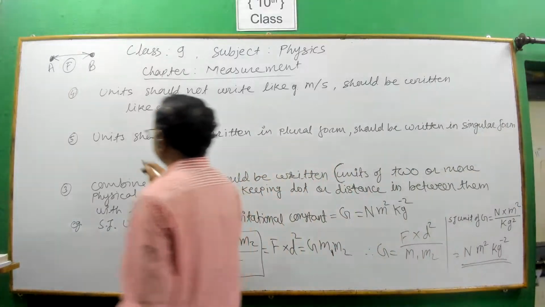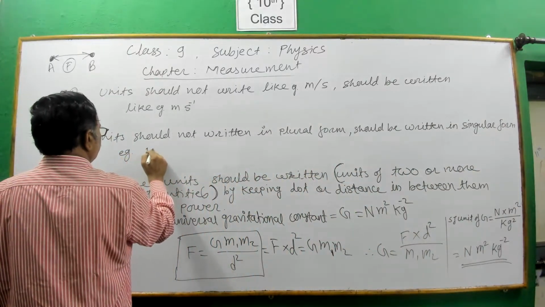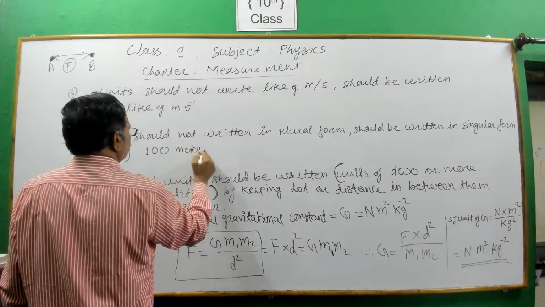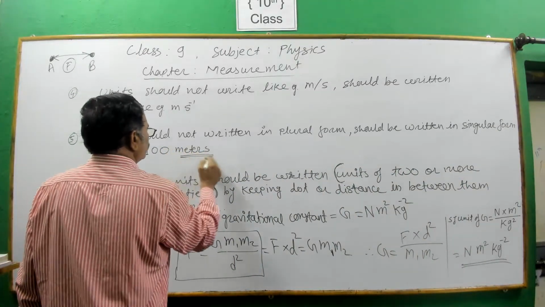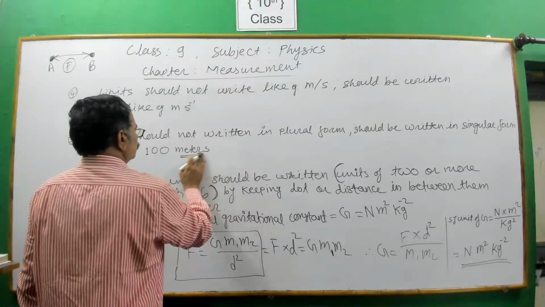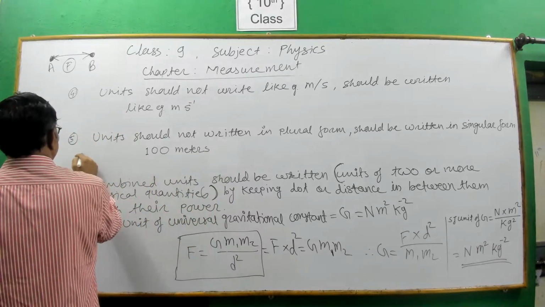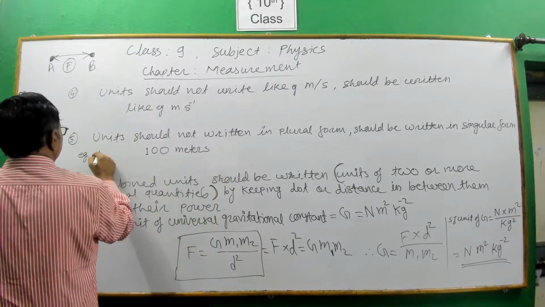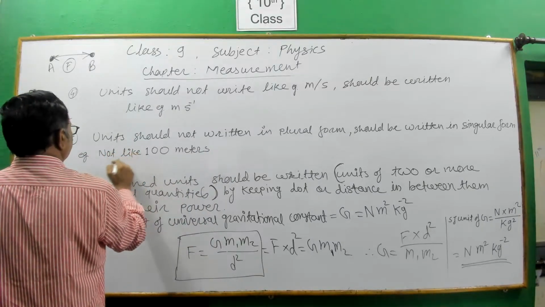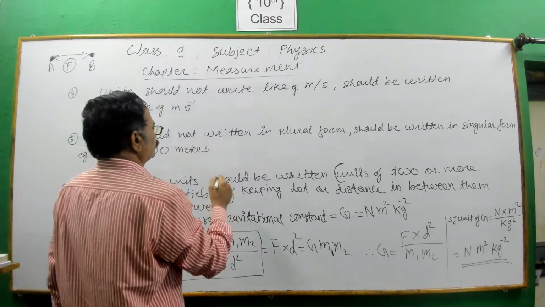Example, अब ये 100 मीटर्स है. ये 100 मीटर्स ऐसा मत लिखो. Not like 100 मीटर्स. कैसे लिखना है?